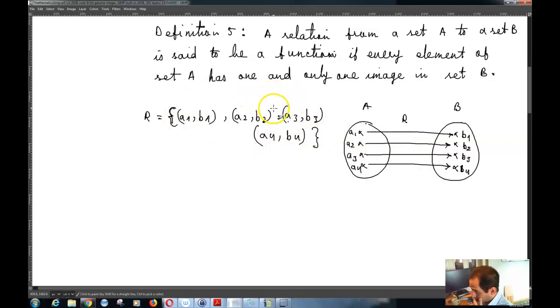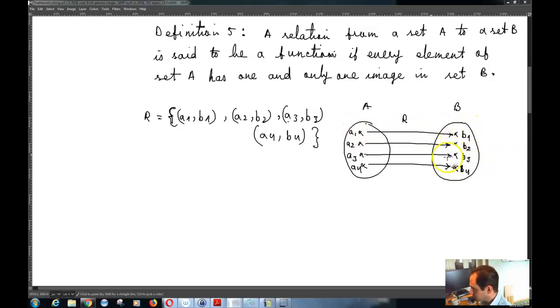Now what this definition is saying is that a relation from a set A to a set B is said to be a function. This relation, you can call it a function if every element of set A has one and only one image in set B, meaning that this element A1 cannot have more than one image in set B, meaning that, for example, the image of A1 right now is B1.